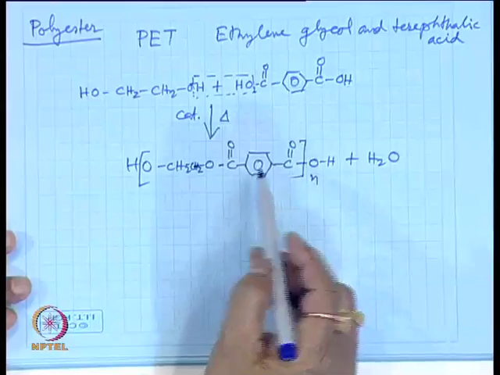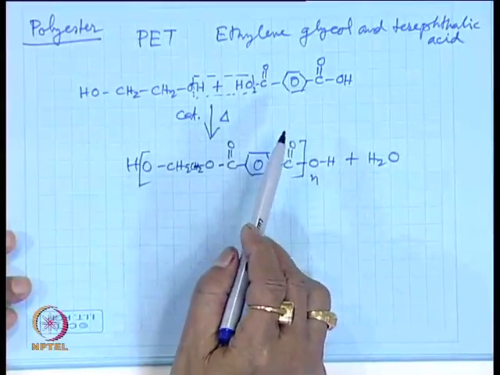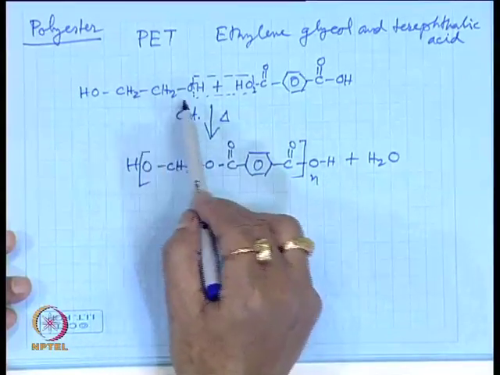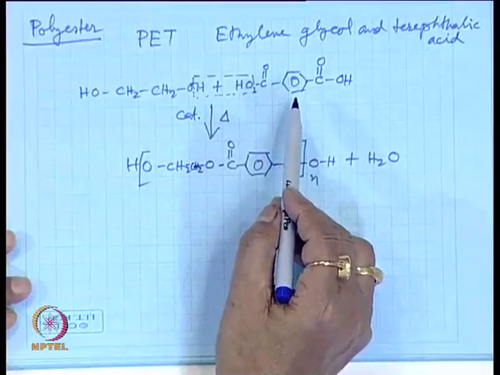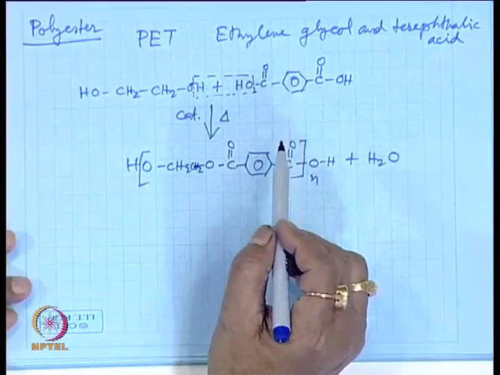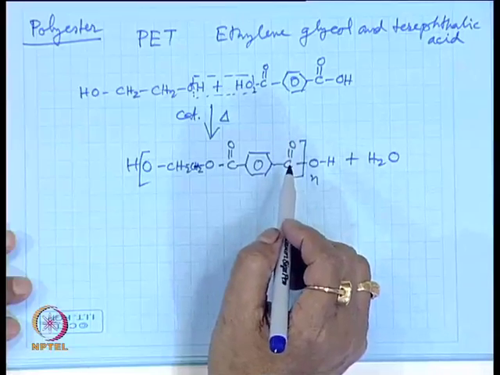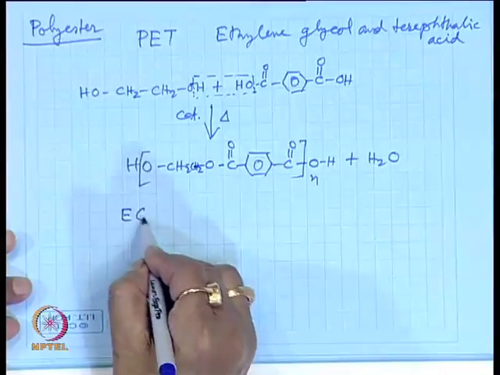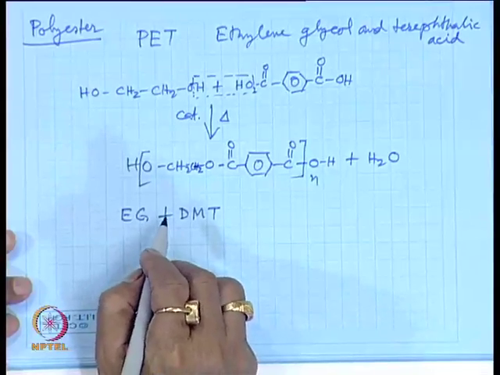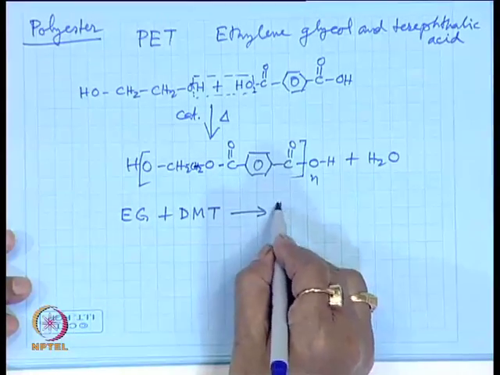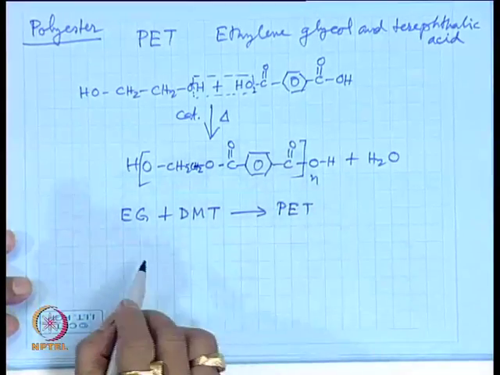This polymer can also be made by the reaction of ethylene glycol and dimethyl terephthalate by ester interchange reaction. You can take ethylene glycol, EG, and DMT, dimethyl terephthalate, and get the same PET polymer.